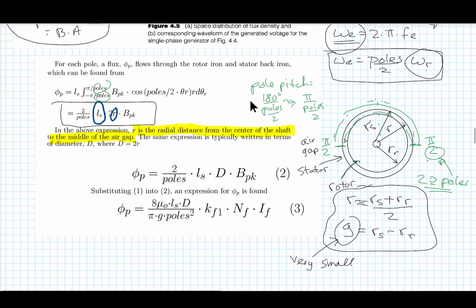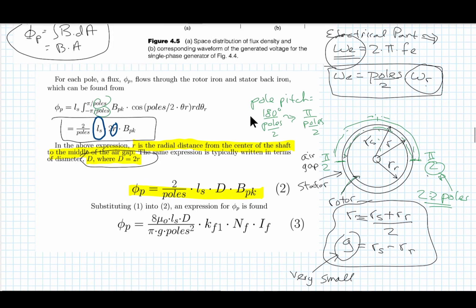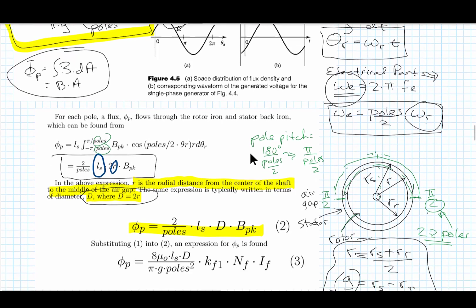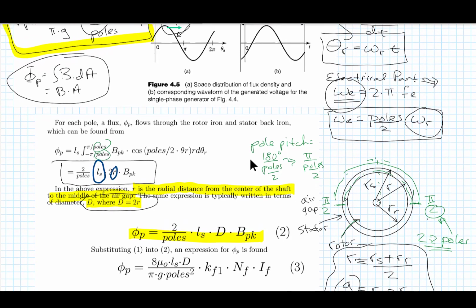But at this point we're going to stop using radius and we're going to use the diameter. So we're going to define D, diameter, here as 2 times R. And now the result that we finally have for flux per pole is this value here. And we can then even go further, because this is in terms of flux density.